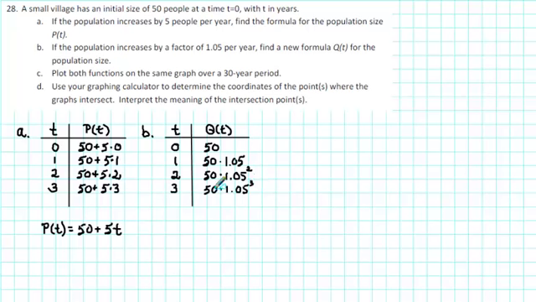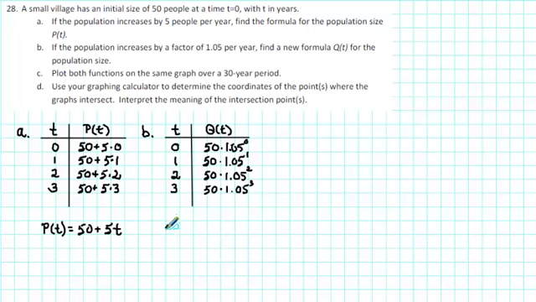We've got the initial population 50 times the growth factor 1.05 raised to the third power, 50 times 1.05 raised to the second power, 50 times 1.05 raised to the first power. And for time equals 0, we could even write that as 50 times 1.05 raised to the 0 power, because 1.05 to the 0 power is 1, and 1 times 50 is 50.